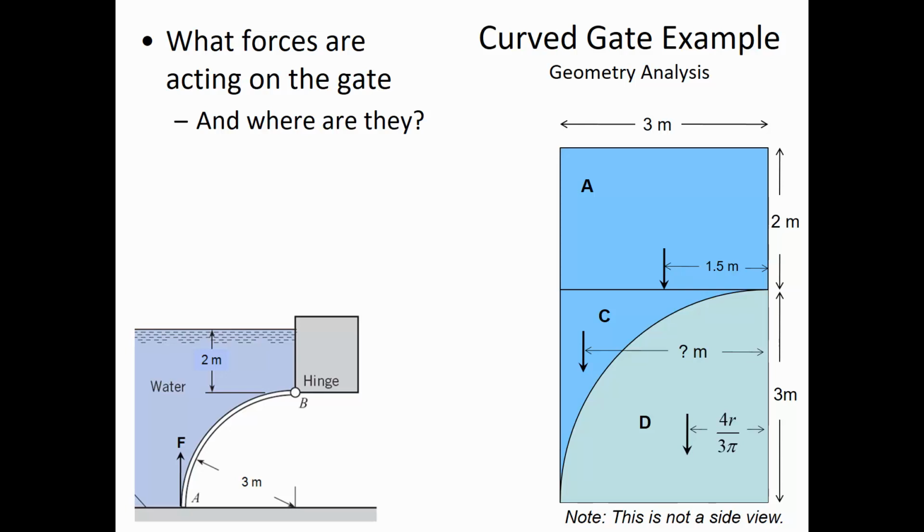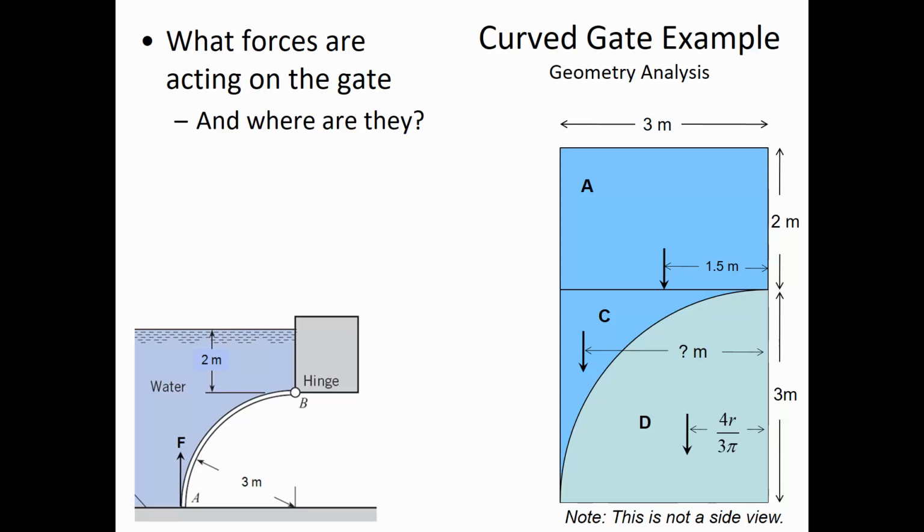So we've got this equation and only one unknown, how far it is from the right edge to where that force is located. If we go through and do the calculations, we'll find that the XCP of C is 2.33 meters.